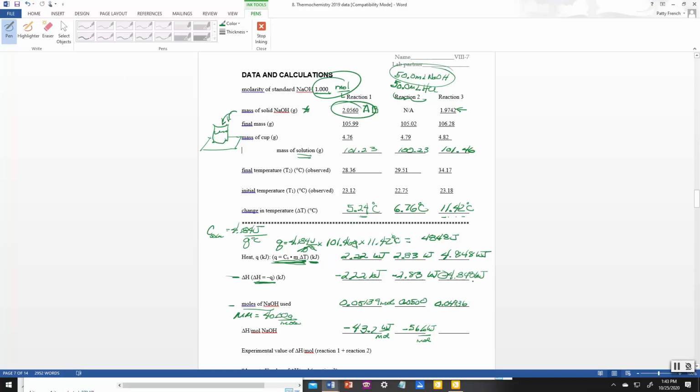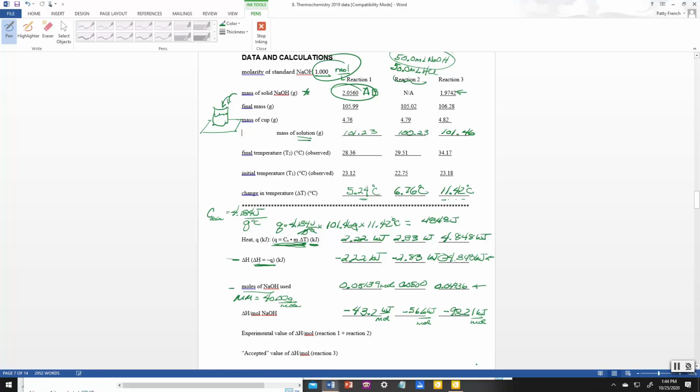Finally, when we took the delta H for this reaction and divided it by the number of moles of NaOH for this reaction, the delta H per mole came out to be negative 98.21 kilojoules per mole. Awesome.